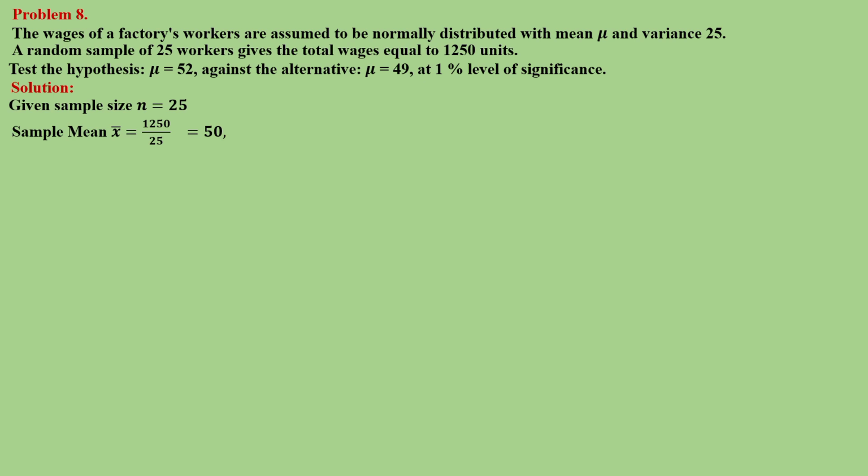And they have given population variance, that is not standard deviation, they have given variance, sigma square is equal to 25. Therefore population standard deviation sigma is equal to root 25, that is equal to 5, right?